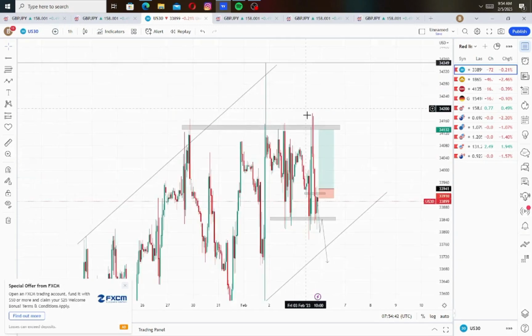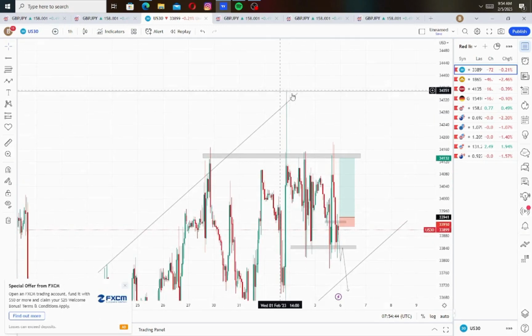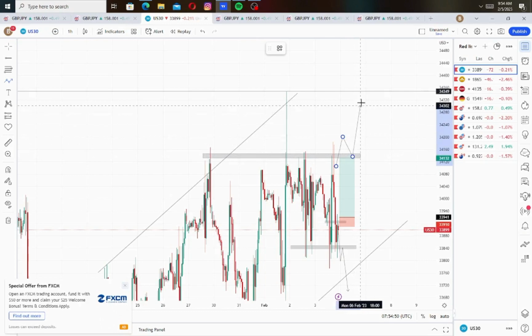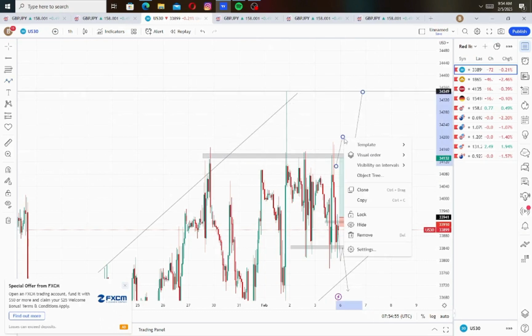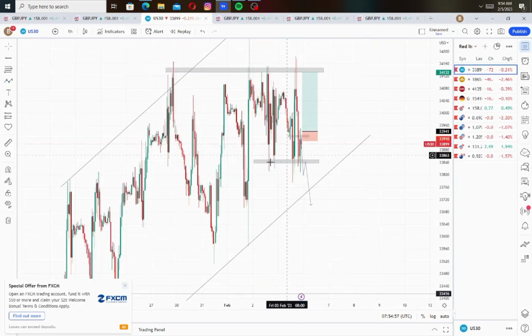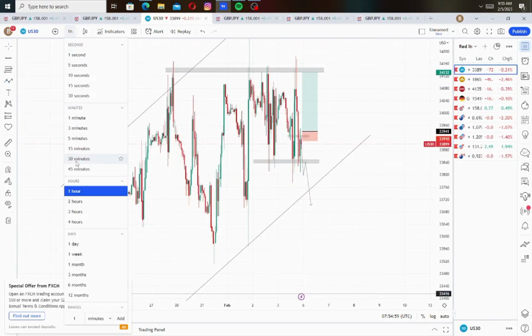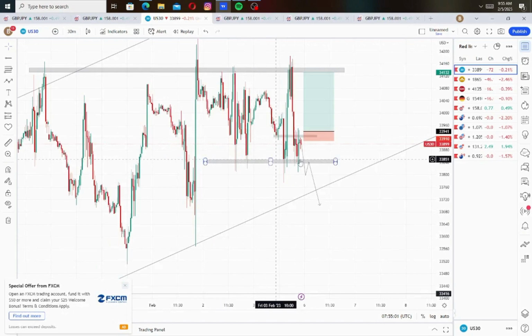And if it does end up breaking this area as well, you'd aim for this area. So if it breaks here, gives you that retest, you put maybe a TP here, TP2, but if it doesn't, just expect it to break below that support, give you that retest and go down.